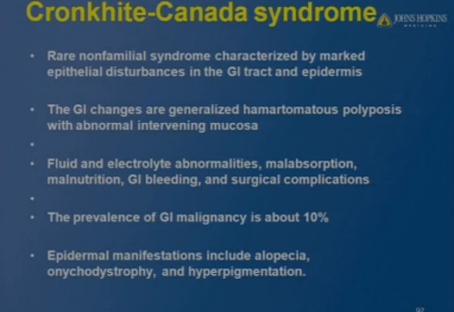The GI changes are generalized hamartomatous polyposis with abnormal intervening mucosa. Fluid and electrolyte abnormalities, malabsorption, malnutrition, GI bleeding, and surgical complications can happen. The prevalence of GI malignancy is about 10%, and this patient had all the epidermal manifestations.